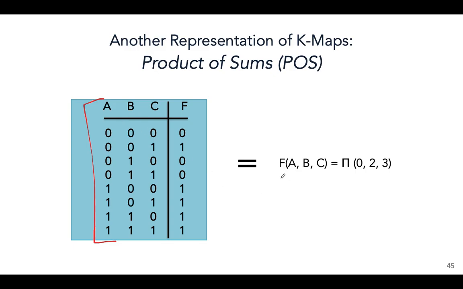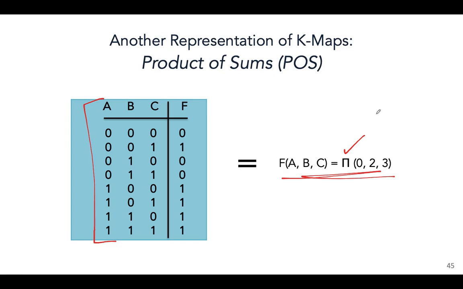Here we see how to represent the same truth table as POS. And in this form, we use pi instead of summation, which means product. So summation represents sum, pi represents products, and 0, 2, and 3 represent those cells or those rows which have an output of 0.